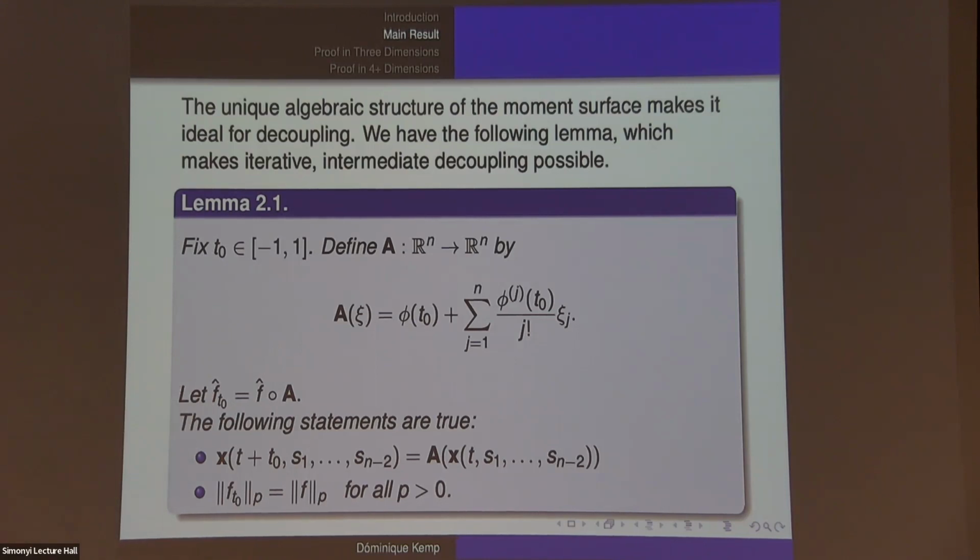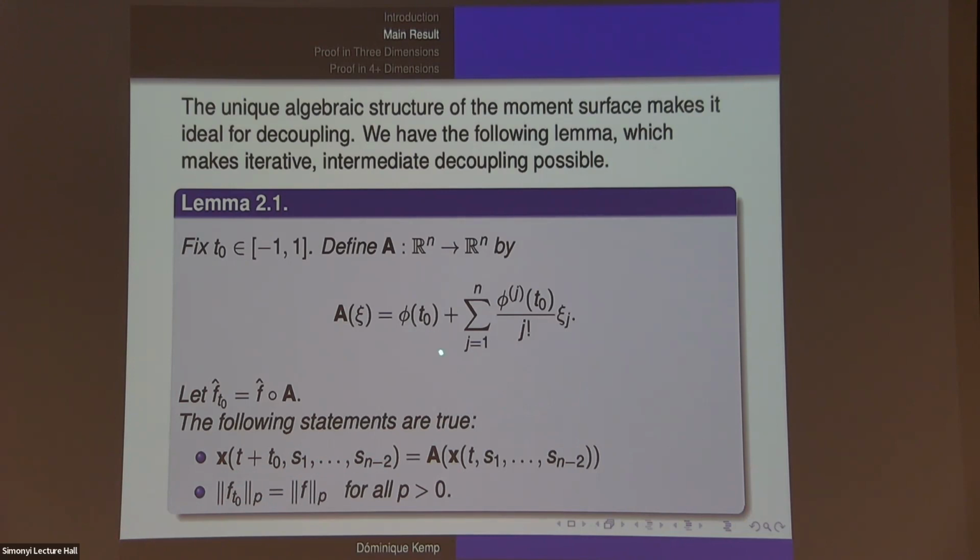these statements are true. The first statement is telling us that A preserves the moment surface. When you apply A, it merely moves whatever point you have in the moment surface to the point with the same s values, but now with a translation by t_0 applied to the first coordinate. And then the second statement tells us that when we apply A to functions F, we are not changing the L^p norm.